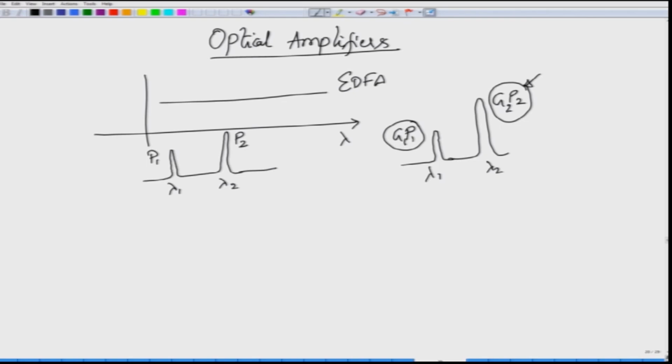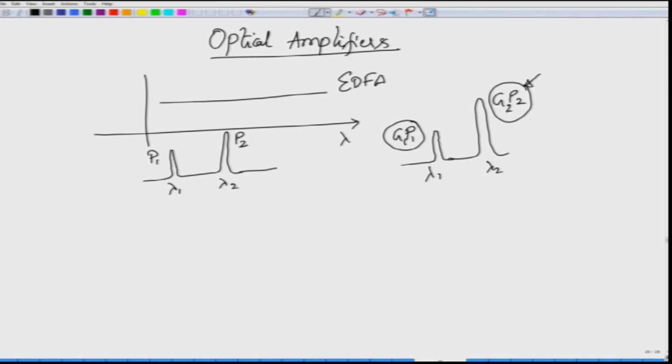This problem is very pronounced in a semiconductor optical amplifier, leading in fact to loss of a certain signal. Instead of a gain, your actual signal might simply disappear because one of the signals occupies the entire gain.